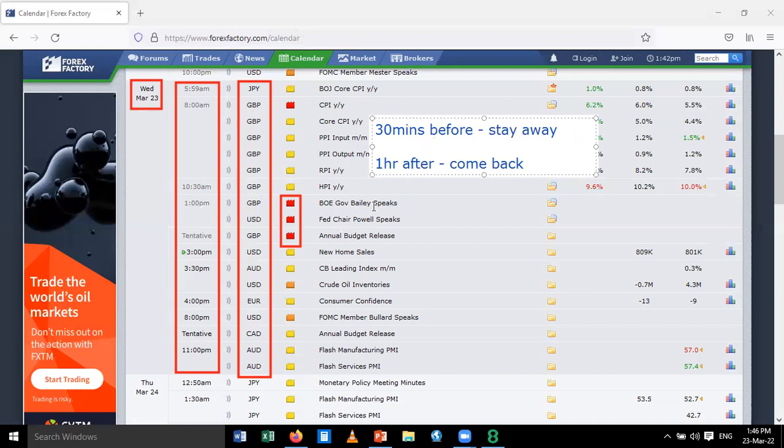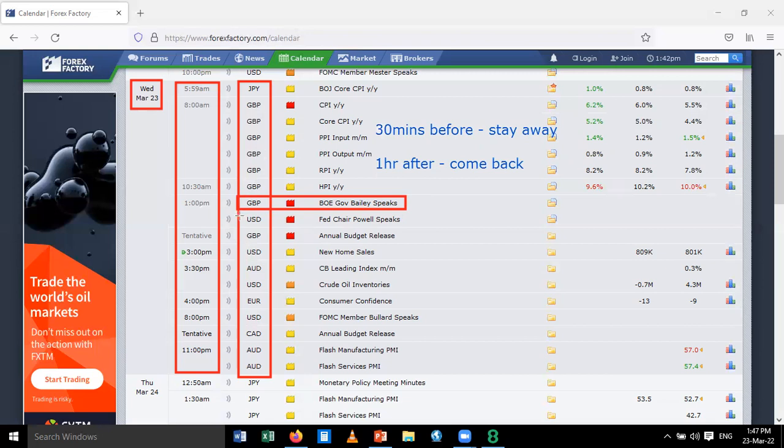For instance, today at about 1 p.m., that is about 45 minutes ago, for GBP, the Governor of the Bank of England was making a press statement. And this means that it's going to have a high impact effect on the market as of that time.